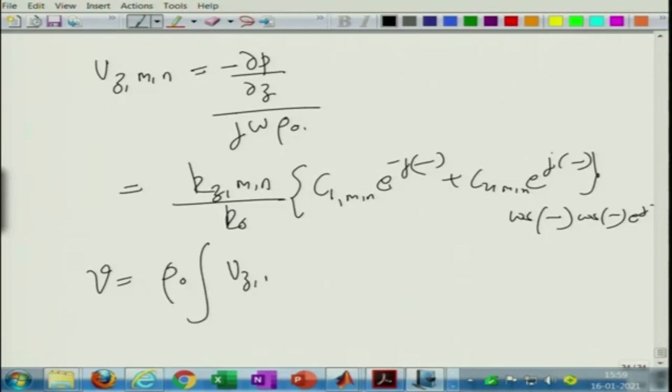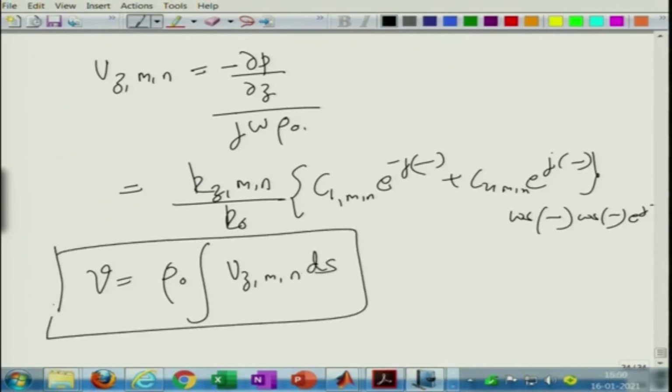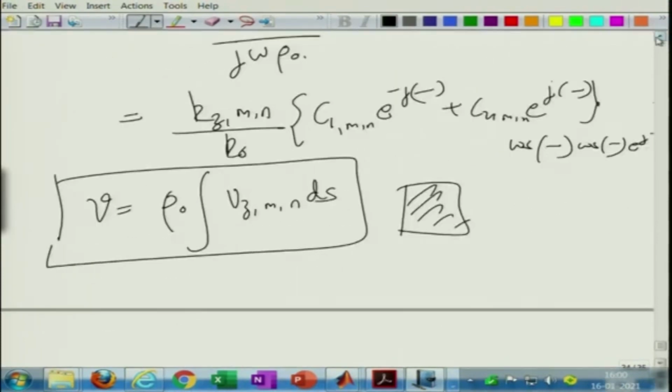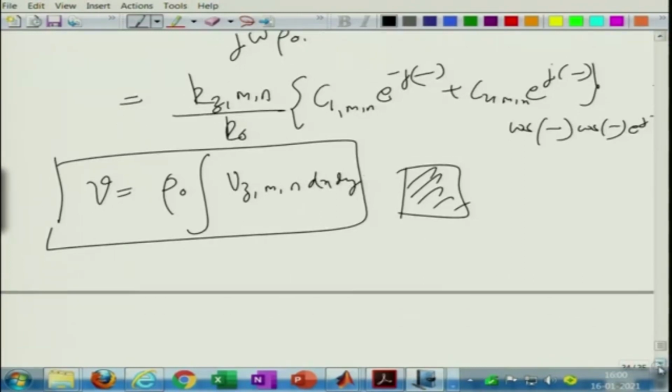Obviously we need to integrate over the cross section, where ds is the rectangular cross section as we discussed. So, ds is nothing but dx dy, isn't it.